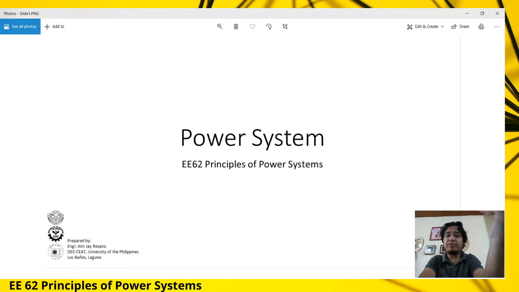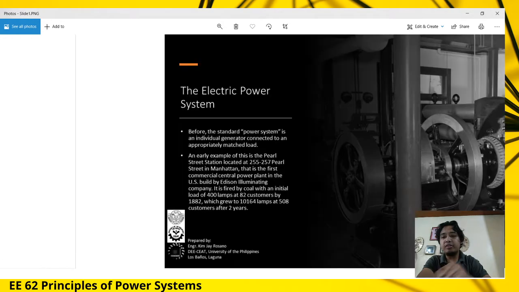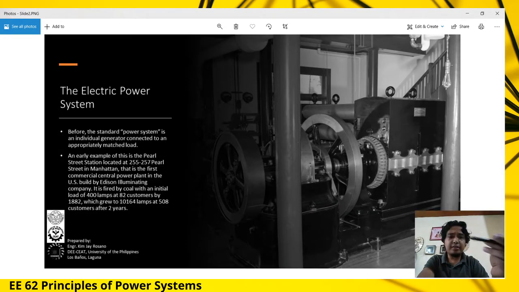Okay, so we'll be discussing power systems. So as I have said, the power system, its main components are to generate electricity and transmit it to end users. This is the earliest power system. Basically, before, yung standard power system is just an individual generator.